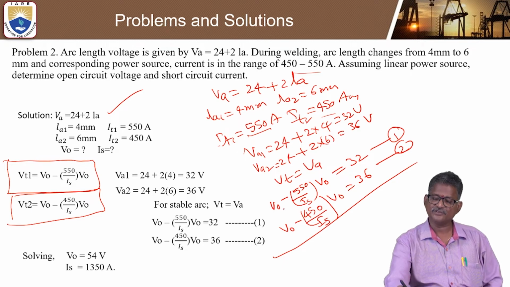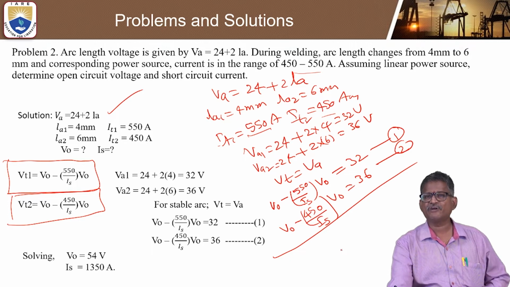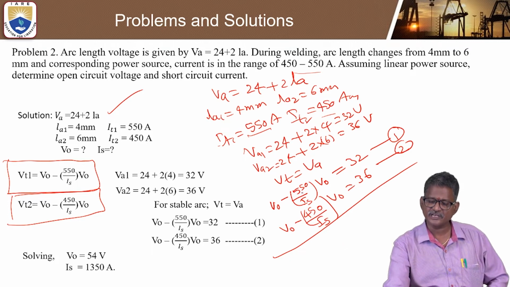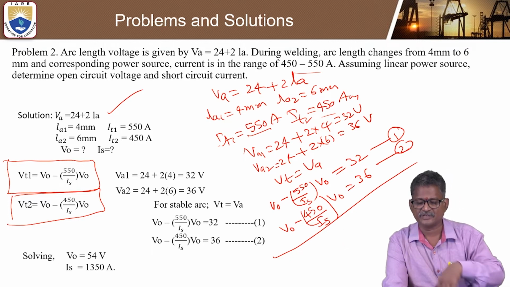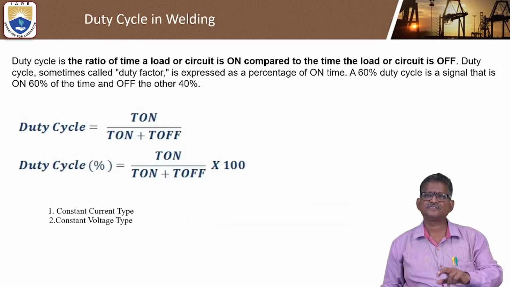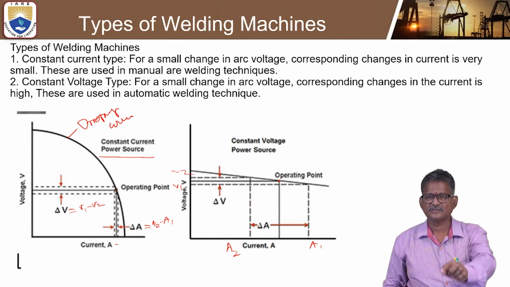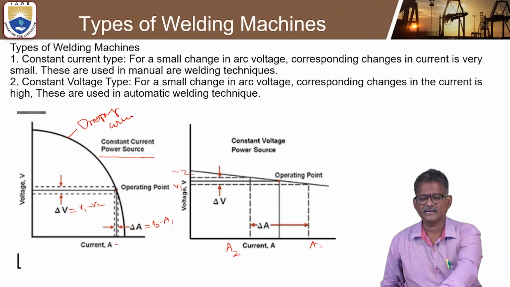If you solve these two equations, in general they may put 450 here instead of 550, but that is wrong as per the relation of this graph. You can see that whenever there is low voltage, there is high current, and high voltage means low current.